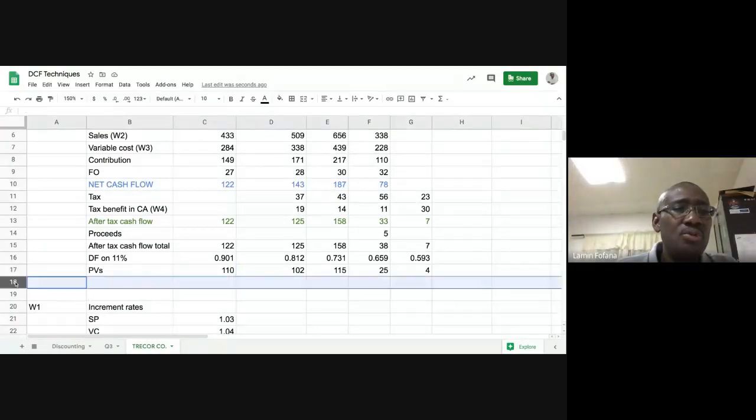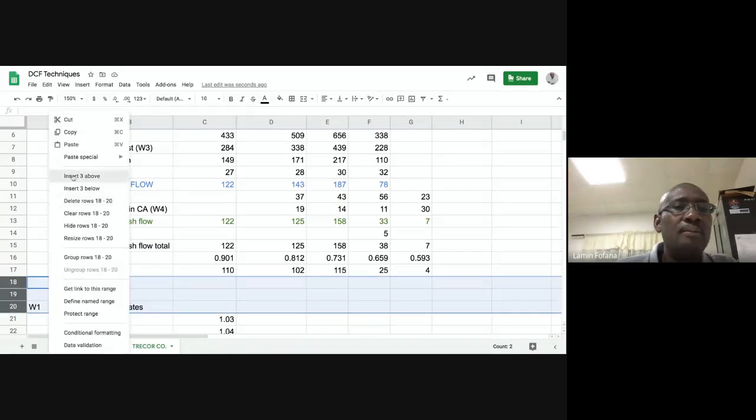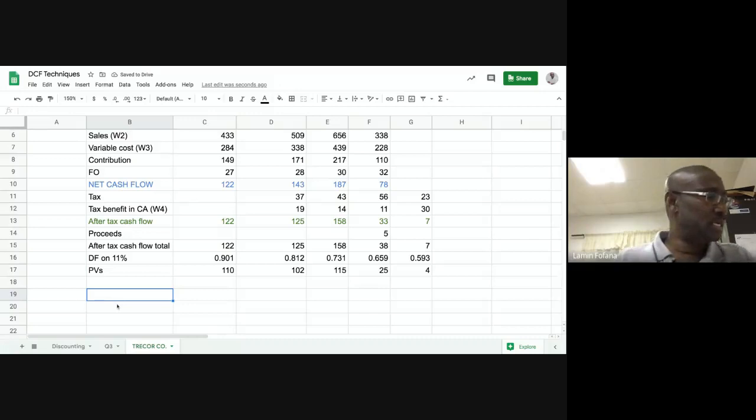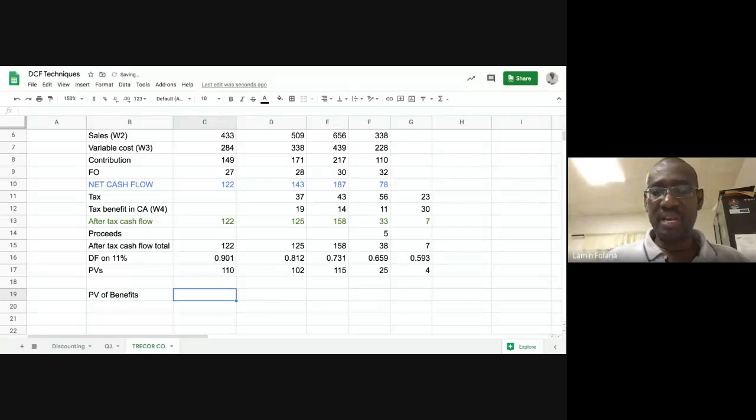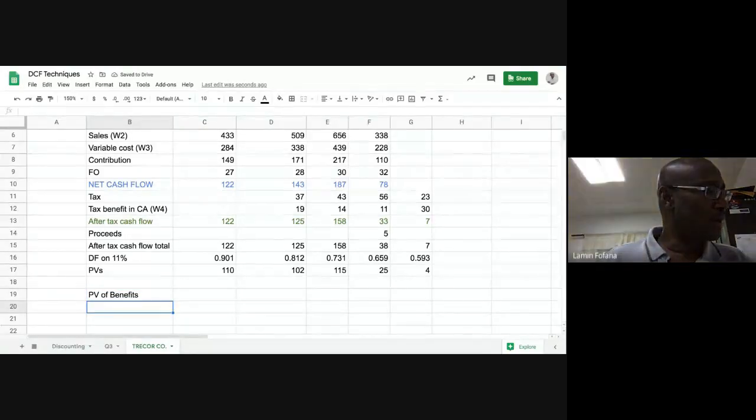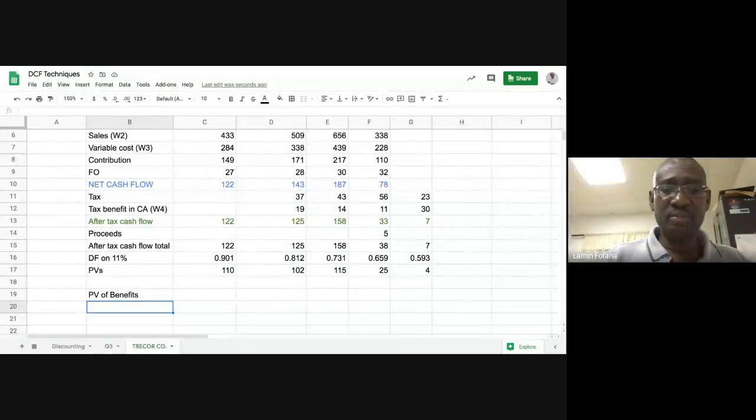Okay, so I'm going to do the PVs. I'm going to insert 3 new rows above. Then I'll have PV of benefits, PV of investment. Benefits is the same as the sales, yeah? Investment is the cost.